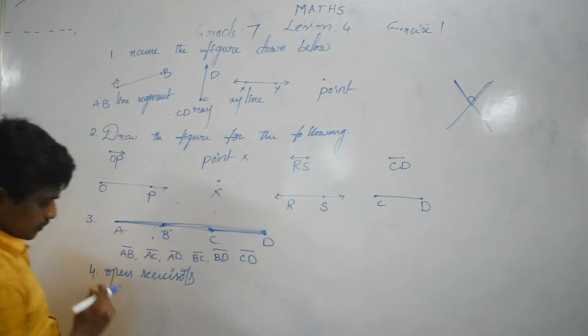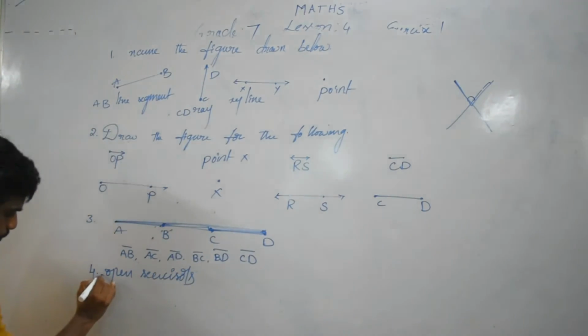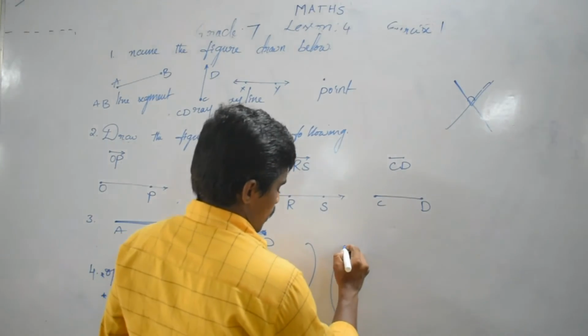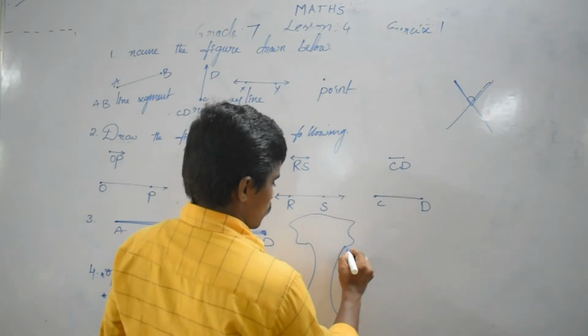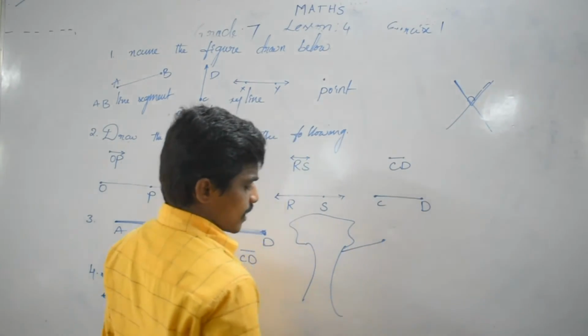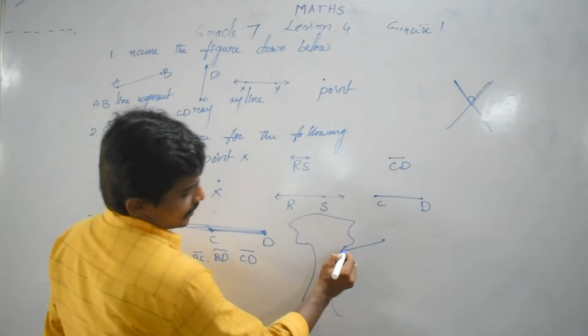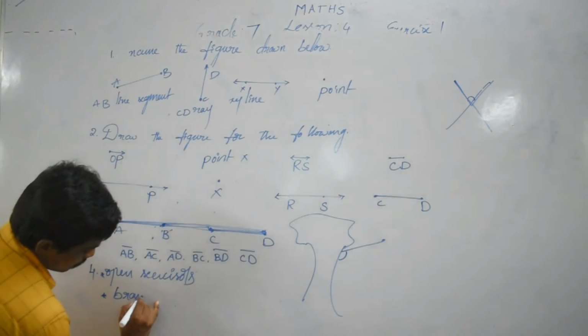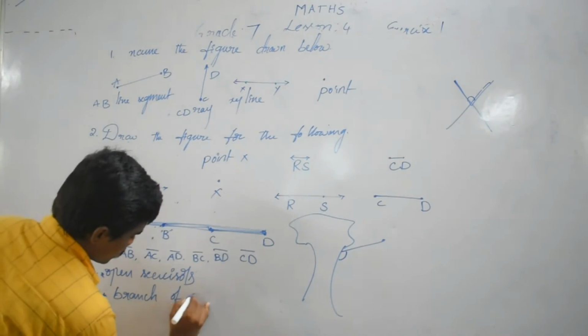Next one, branch of a tree. So this is a tree, and one branch is coming out like this, forming an angle. Branch of a tree.